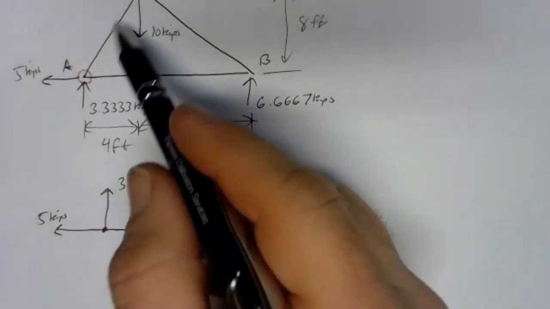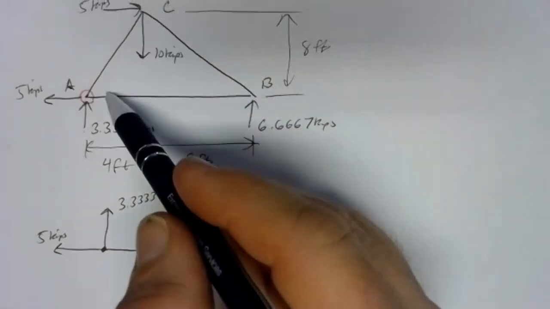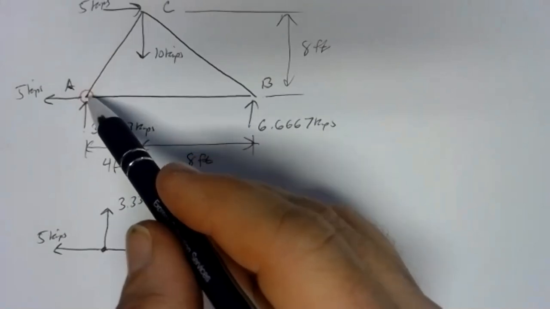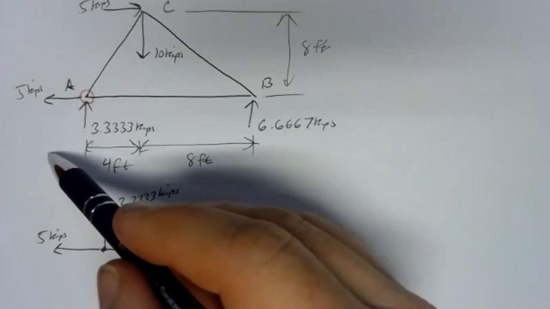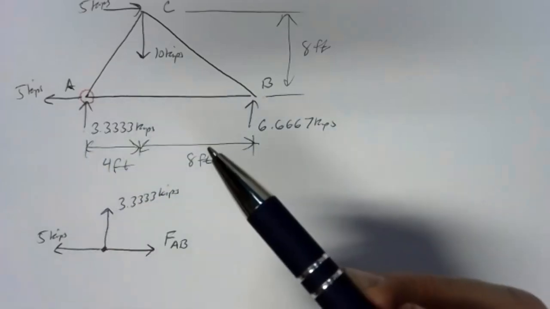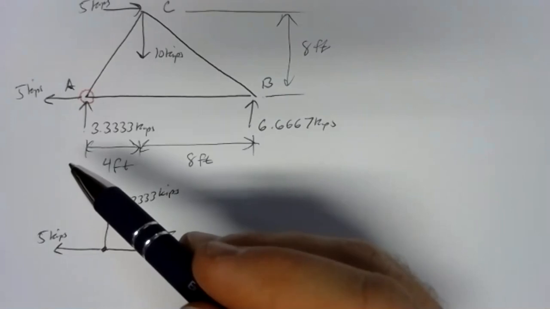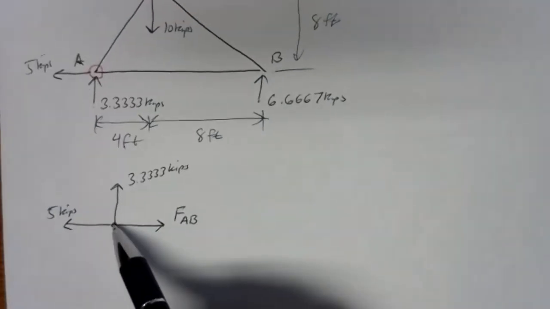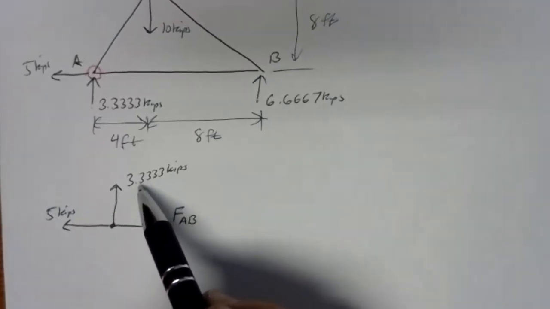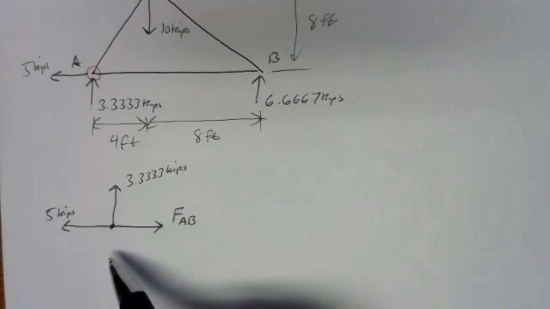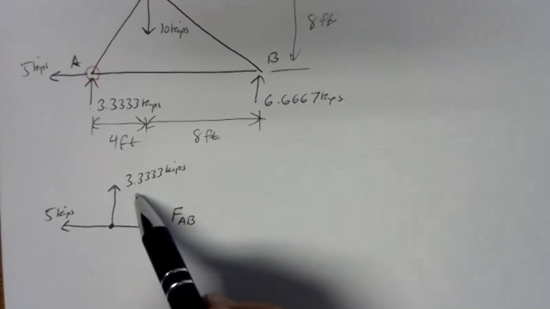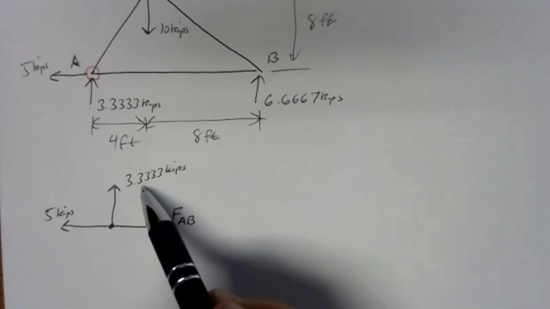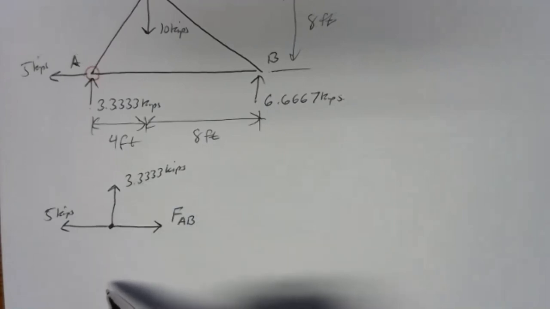Then we've got this other member up here, member AC. And I've got two choices. Either member AC pulls on joint A or it pushes on joint A. Those are the only two options. A member can either push or pull. Well, if I drew it as a pull, I'd have a problem here. Remember that we're looking for equilibrium, and an equilibrium is a tie that no one's winning. It's a tug of war that no one's winning. If I pull up and to the right with this, there's nothing pulling down.